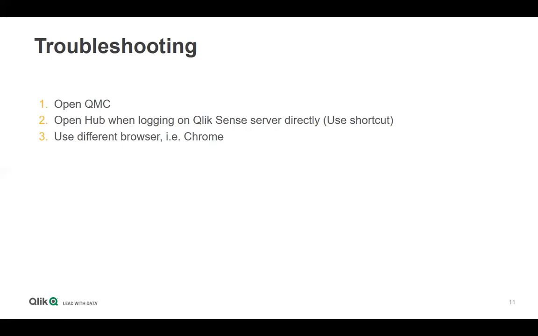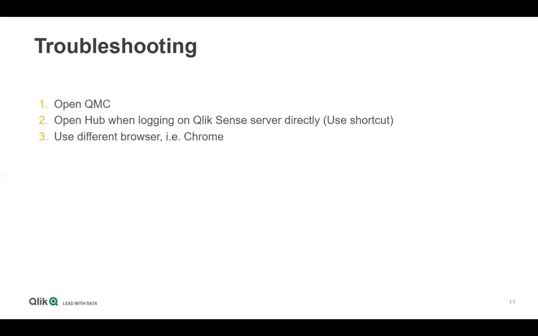So the easiest thing we can do is to open QMC. If you do see this previous error we found in Hub, it is because QMC does not use WebSocket, only Qlik Sense Hub does. So the next thing we will ask you to check is to log on to the Qlik Sense server directly, maybe by remote desktop, to open Hub by using the shortcut icon created by Qlik Sense installation.